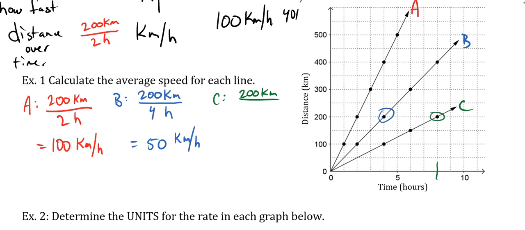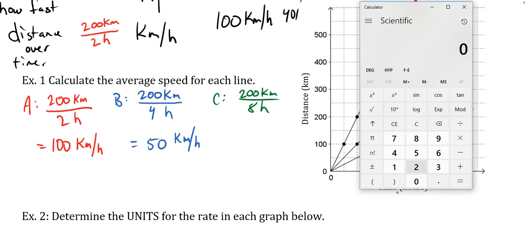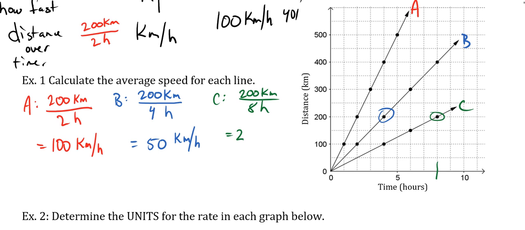And in this case, how much time passed? 8 hours. So maybe this time I use this strategy. If you want to watch, 200 divided by 8 equals, and what do I get? I get 25 kilometers per hour. So even slower and even less steep.